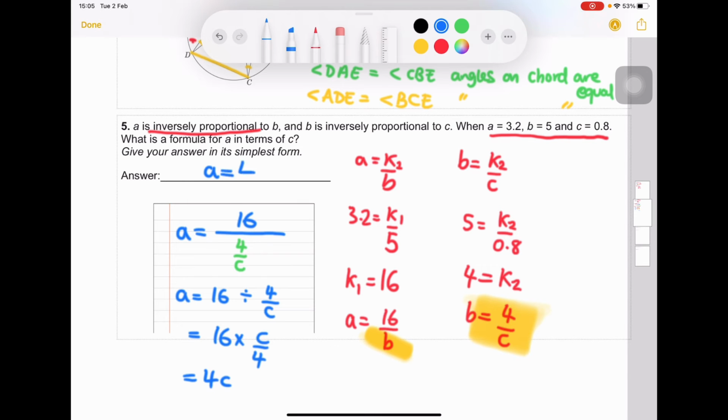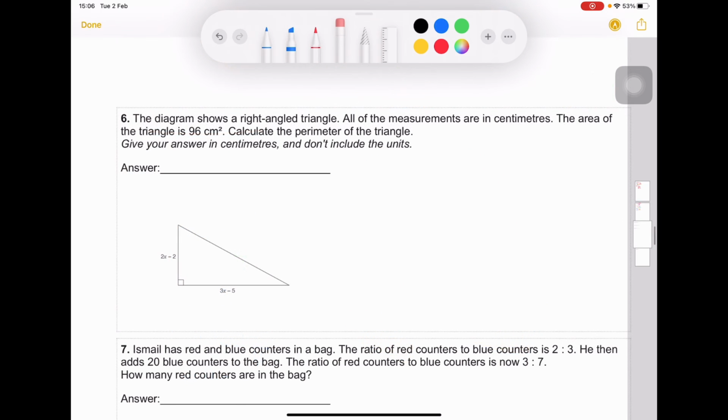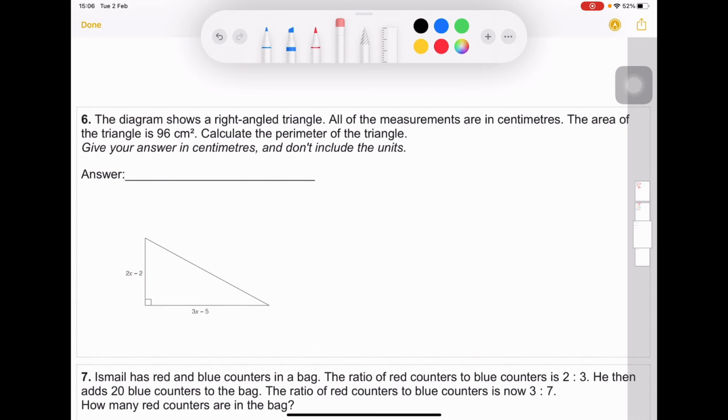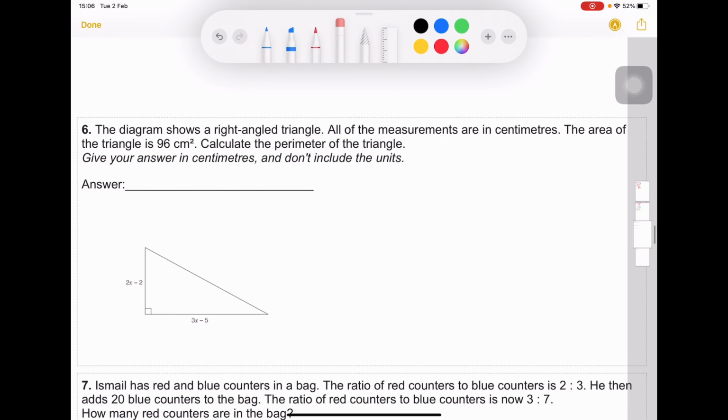Here we have a similar question to one of the questions from the first part of a remote assessment. The diagram shows a right angle triangle. All the measurements are in centimeters. The area is 96 centimeters squared.